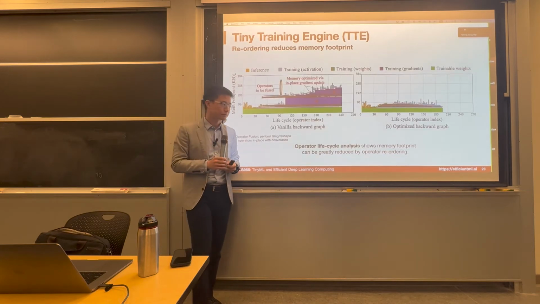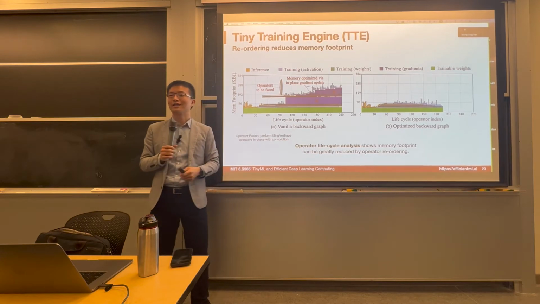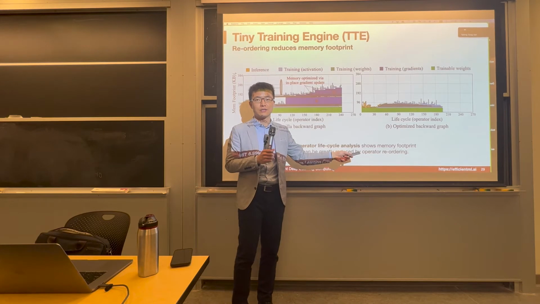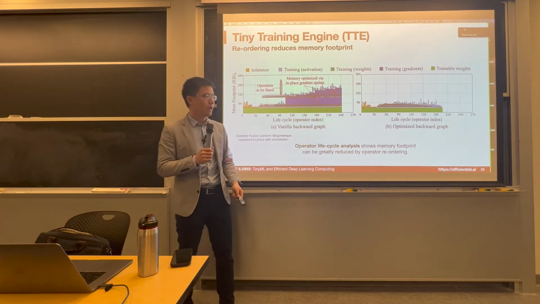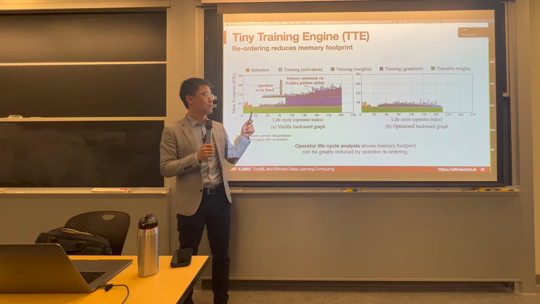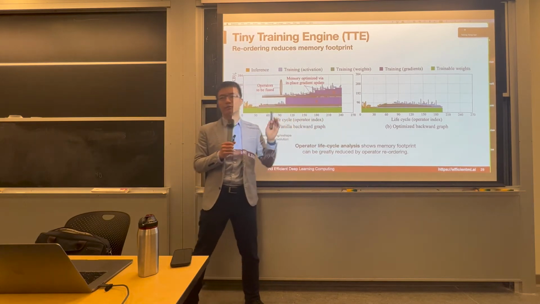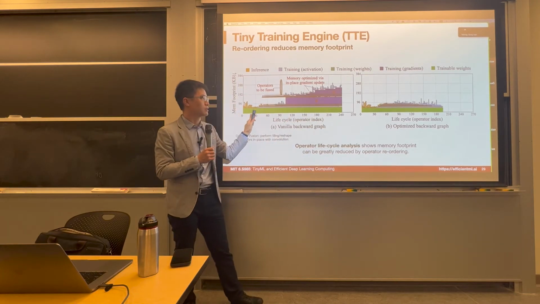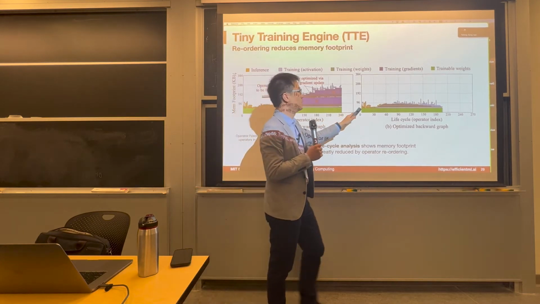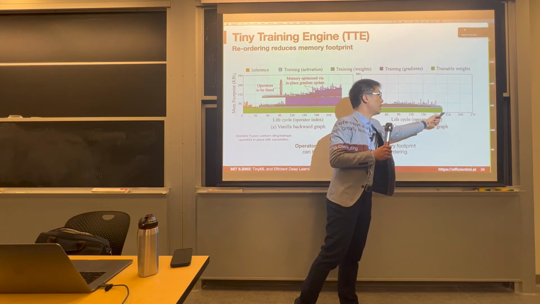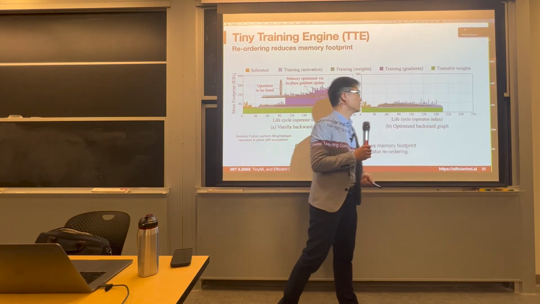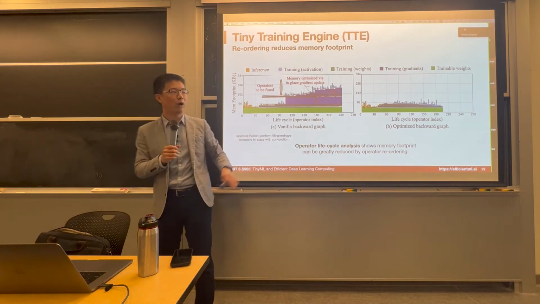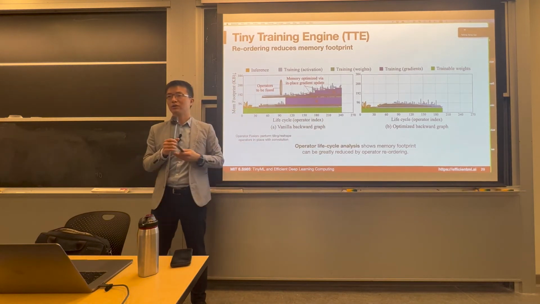All right. So here we did some further analysis by running this operator's life cycle analysis. So what is life cycle analysis? To see each buffer, what is the start time and the end time for the buffer, right? So this is the total number of cycles, the life cycle on the x-axis. We can see after the optimization, all the operators can finish at about 200 cycles versus 240 cycles, right? And the y-axis shows the size of the total number of buffers.